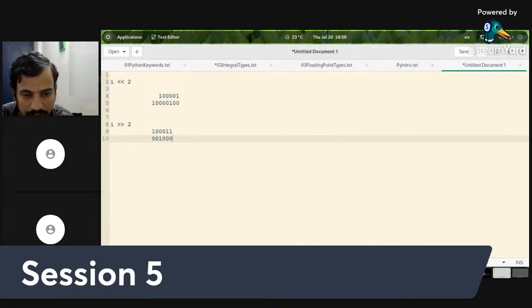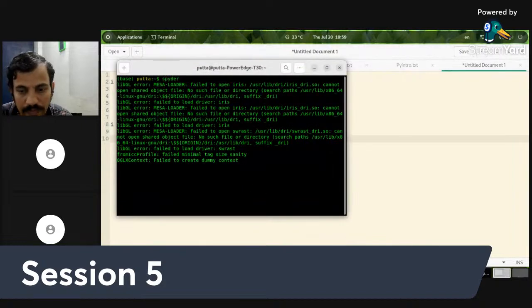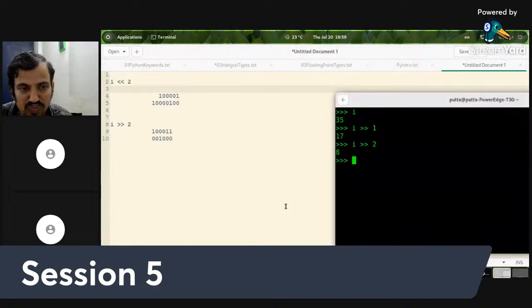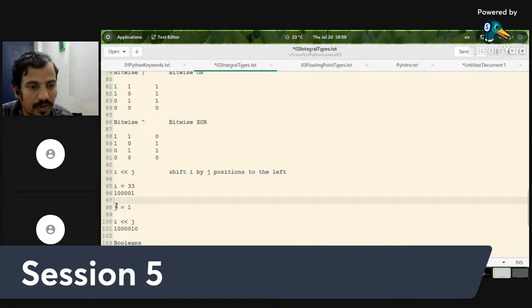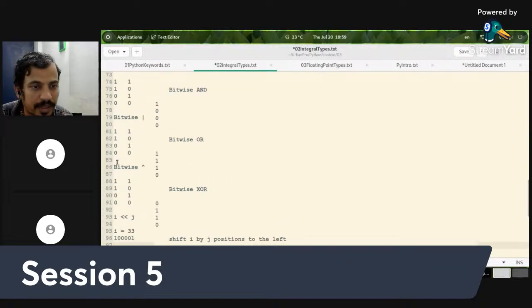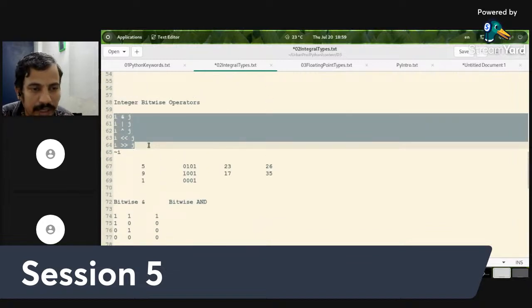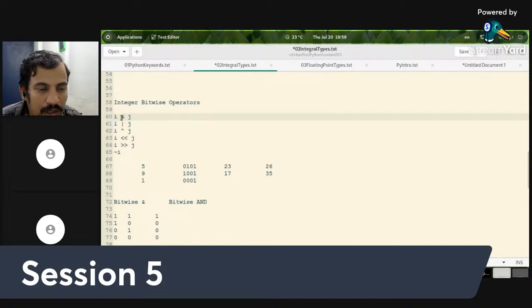And the last one is the complement. So complement is a unary operator. Okay, so can you see the highlighted portion here? Yes, sir. Okay.